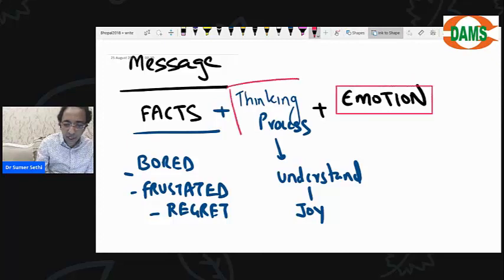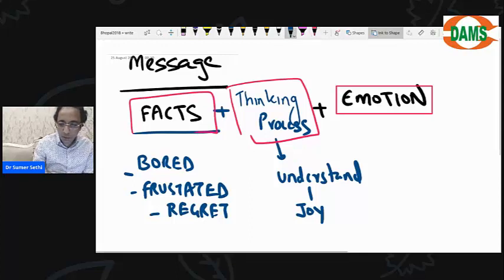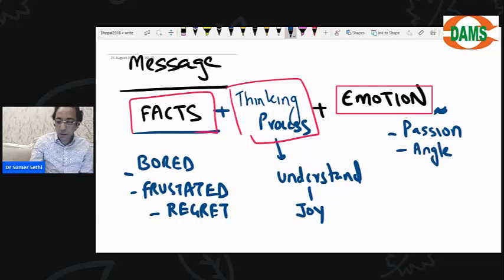If I add to my studies a concept called emotion, like, sir, I have told my parents that I will do this, and I've said no sir, it is my passion. So emotion is, if you are passionate about your subject, or you have an emotional angle attached to pursuing a branch, that sir, I want to take up oncology because I had some problem in my family, I want to come back and do this.